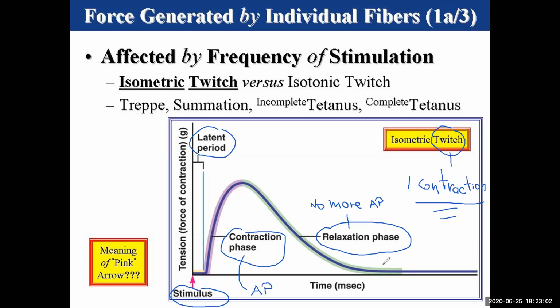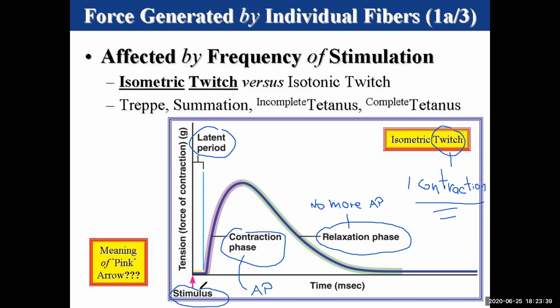And as soon as there's no more action potential propagating through the T-tubule, the sarcoplasmic reticulum sequesters calcium, meaning calcium goes back inside the sarcoplasmic reticulum. Without calcium, there's no cross-bridge formation. No cross-bridge formation means the skeletal muscle fiber relaxes.